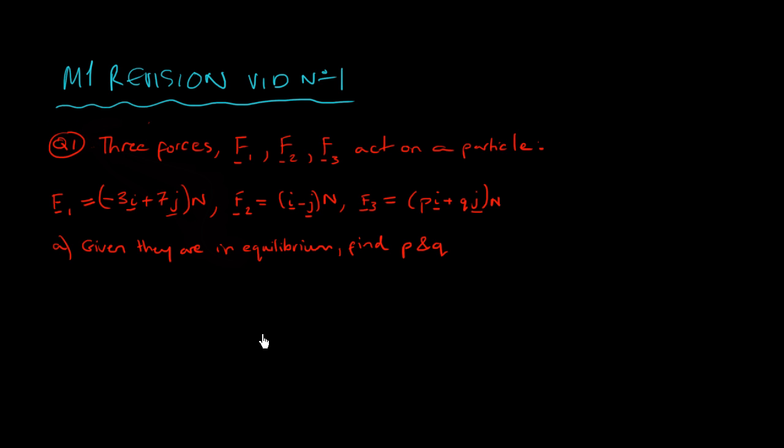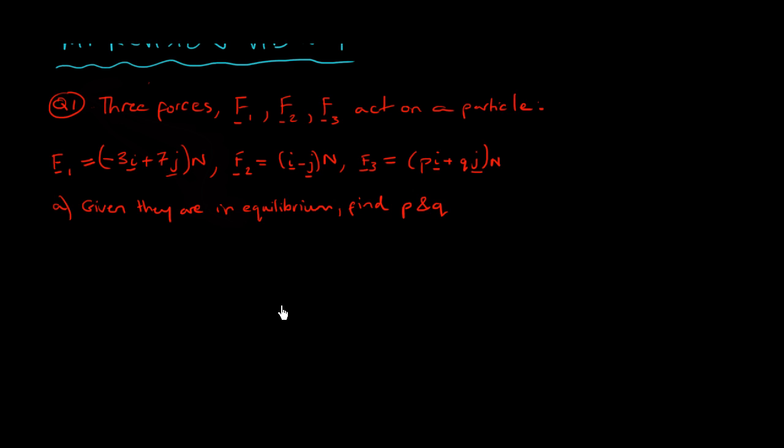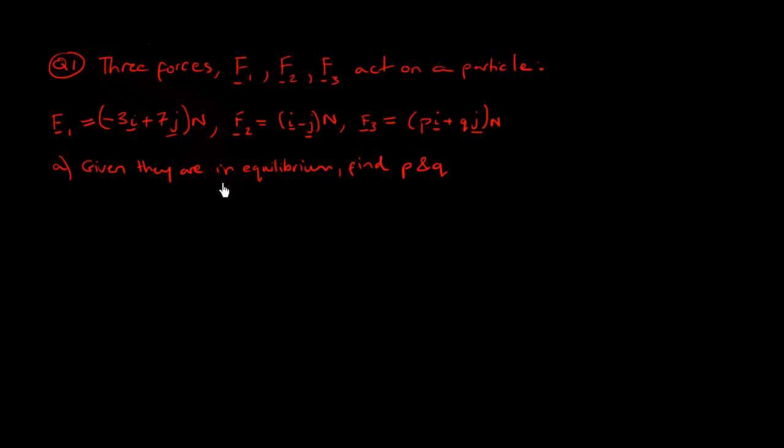The first thing to realize, obviously the most important thing about this whole question, is the fact that they say that it's in equilibrium. What that means in terms of vectors is really interesting when it's three vectors in different directions. One force on its own could not be in equilibrium, right?